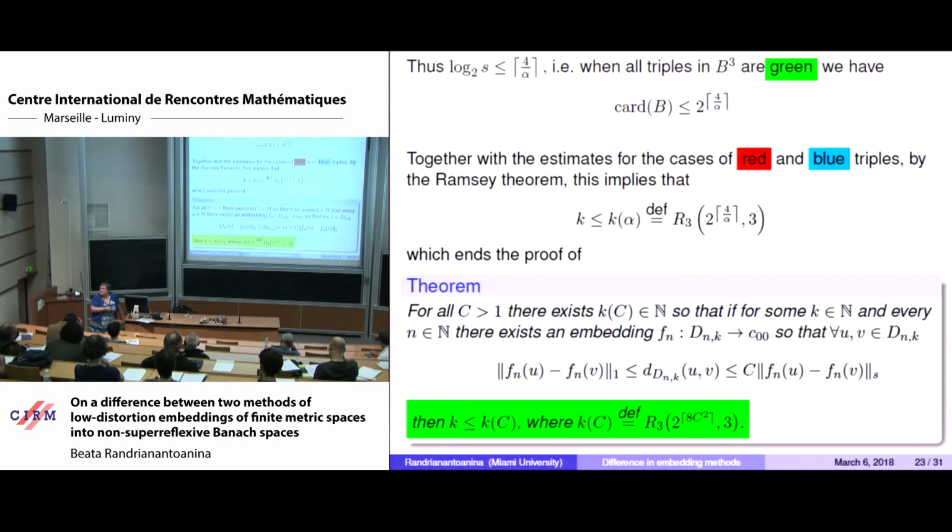This is the end of this proof that if we did have an embedding that satisfies this inequality, which is like the start of the factorization method embedding, then the number of branches is restricted.